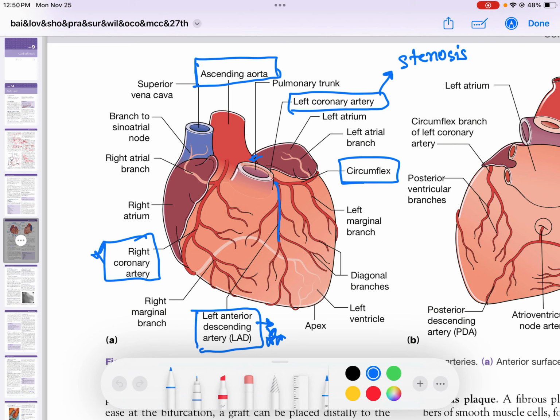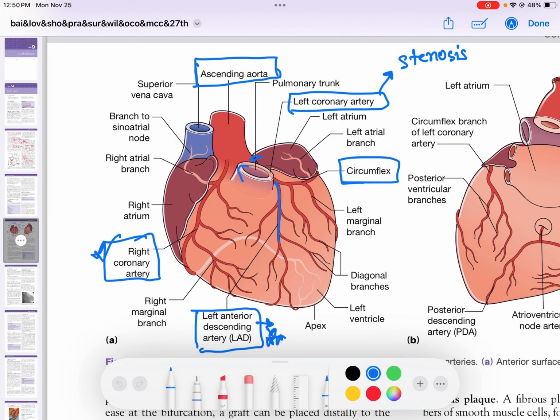Now, the right coronary artery. This is the right coronary artery. It passes from its origin anteriorly between the right atrial appendage and the pulmonary trunk.